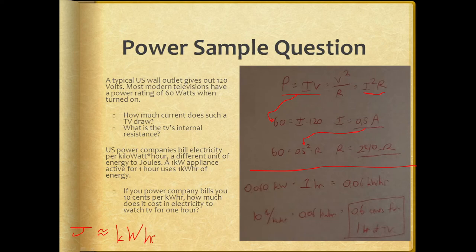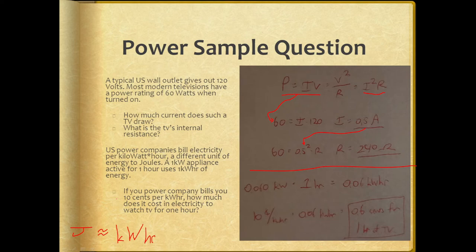We're going to utilize the TV that we just looked at in this particular example. 1 kilowatt appliance active for 1 hour uses 1 kilowatt hour of energy. If your power company bills you 10 cents per kilowatt hour, that's a fairly common charge for electricity in the U.S., ignoring peak hours.